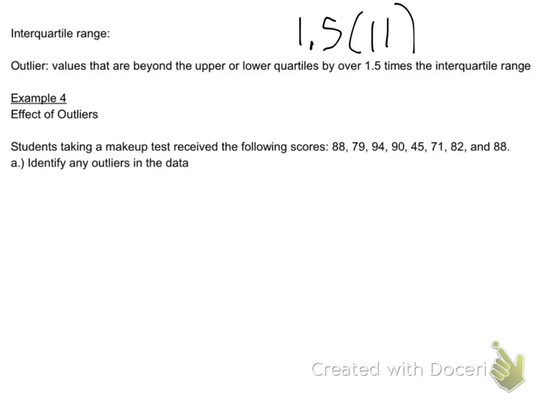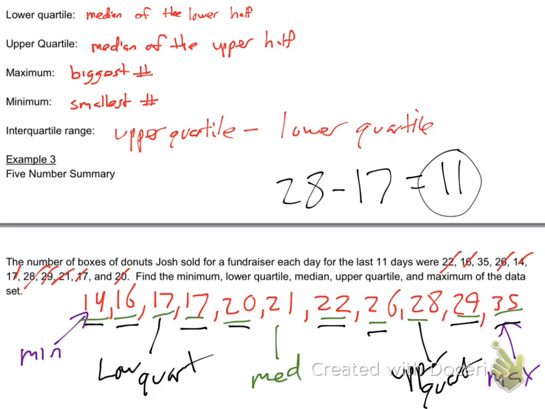We've got to make this kind of quick here, guys. What is 1.5 times 11? 16.5. So anything that's above or below your upper and lower quartiles by further than 16.5 data points is considered an outlier.